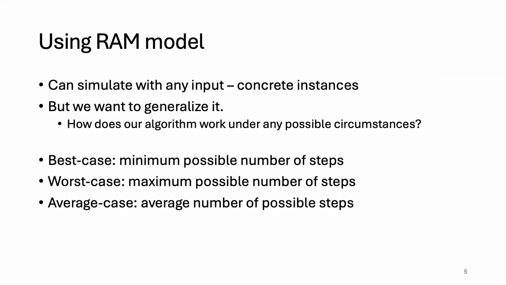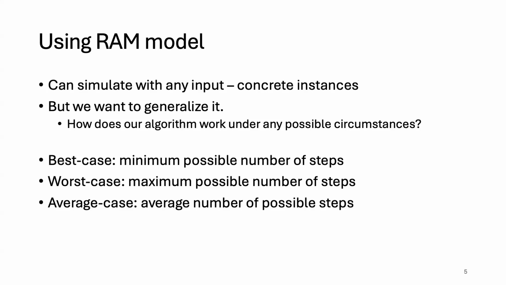Okay, so using this model of being able to say how much time something takes, it lets us simulate it with any input. So if we've got an algorithm in front of us, we can come up with numbers or some sort of input, depends on what the algorithm is doing. But if it's for finding duplicates, we can come up with, here's a list of 1, 1, 2, 3, 4, 5, or 2, 3, 4, 9, 9, 9, 9, right?